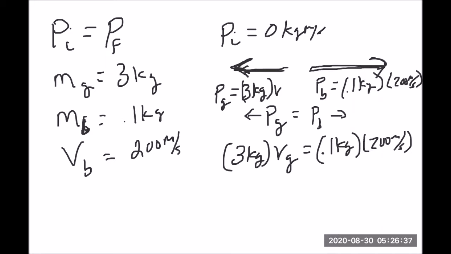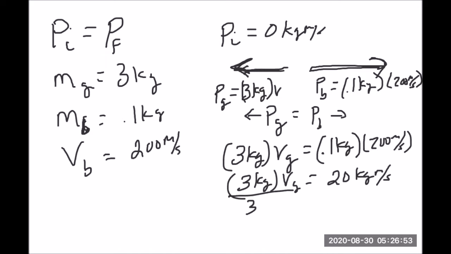So we would get 3 kilograms times the velocity equals 0.1 times 200, which is 20 kilogram meters per second. You always divide by what is in front of the letter.